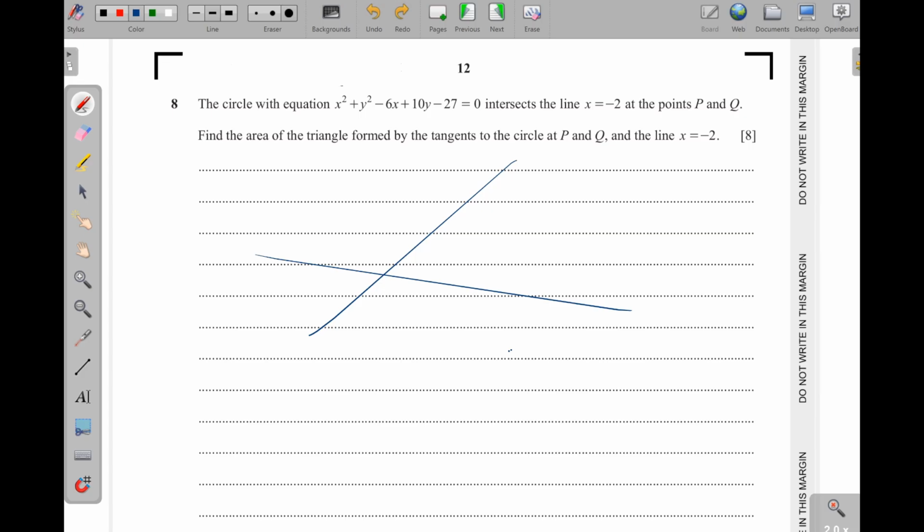That means we can be in a position to find the area of that triangle. Okay, let's start. Now for x which is equal to negative 2, we substitute here. So negative 2 squared, then plus y squared minus 6 times negative 2, then plus 10 times negative 2, then minus 27. This one will be equal to 0.